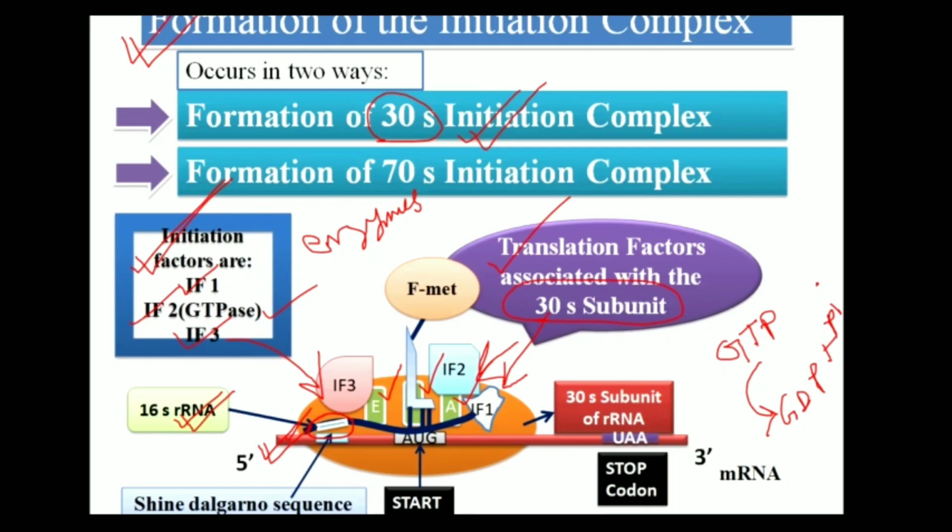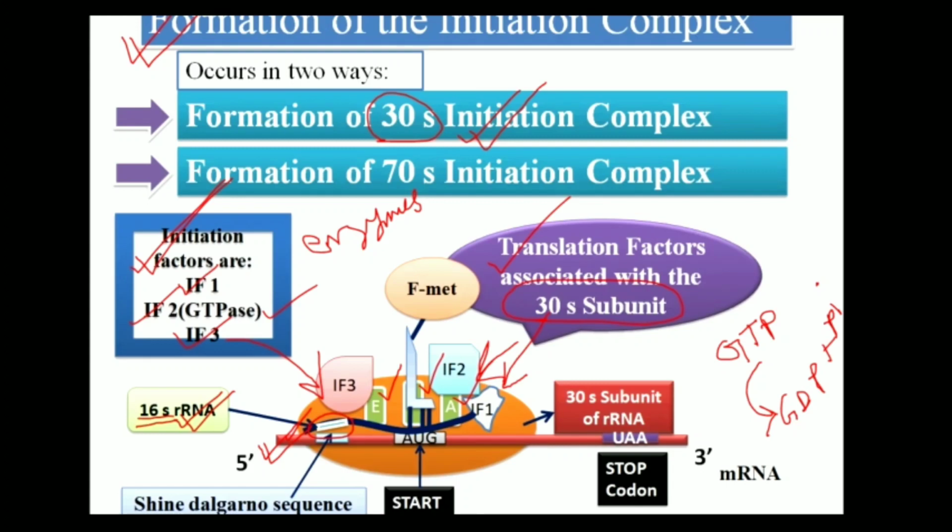This rRNA is also known as the 16S rRNA, which is very much conserved in all the different species. It does not get mutated; the sequence remains exactly the same from generation to generation.